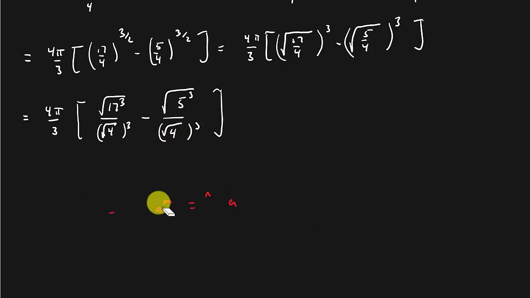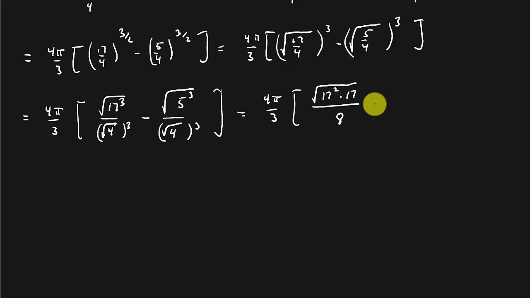All right, so that's going to give us 4 pi over 3 times the square root of 17 cubed, which is 17 squared times 17, over the square root of 4, which is 2, and 2 cubed is 8. And then minus, we do the same thing here: 5 squared times 5 over, the square root of 4 is 2, and 2 cubed is 8.